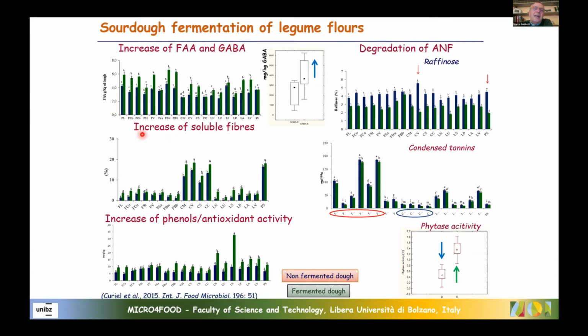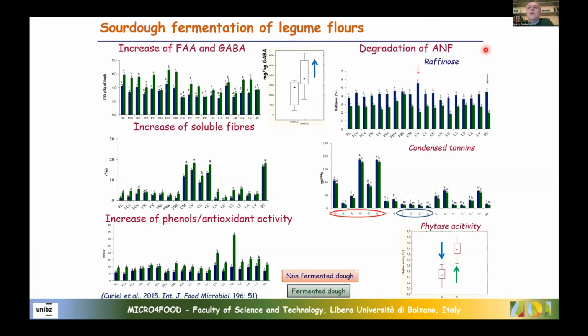You may get in legume flours after fermentation an increase of the soluble fibers, and you may get an increase of phenols and of the antioxidant activity which is related to the consumption of legume. On the opposite side, before I was speaking about the presence of anti-nutritional factors in legumes.